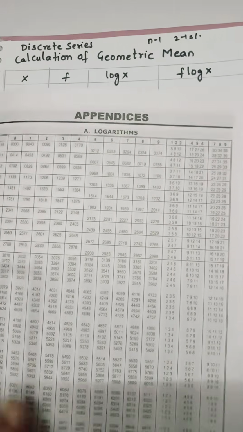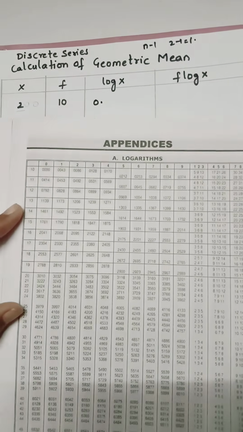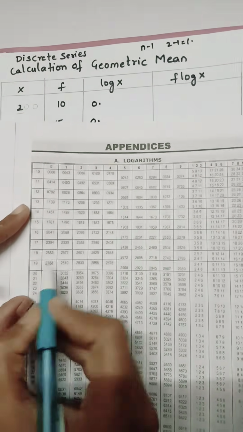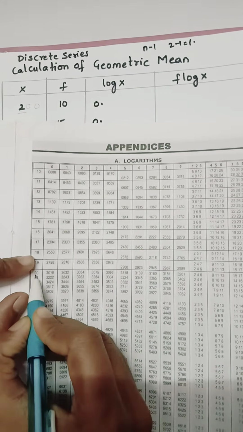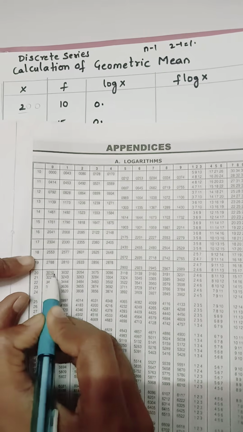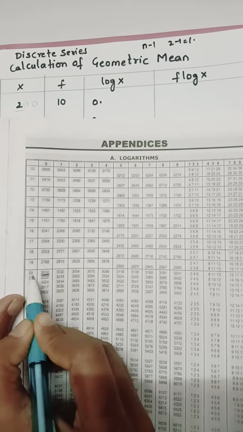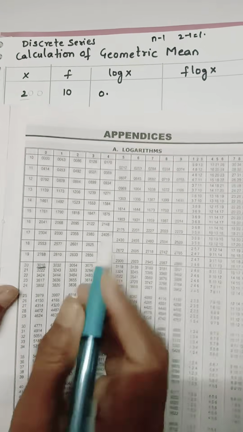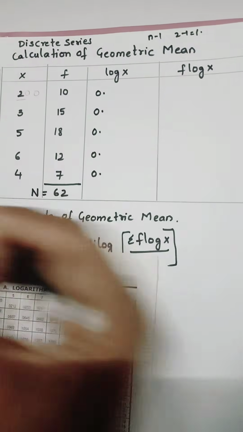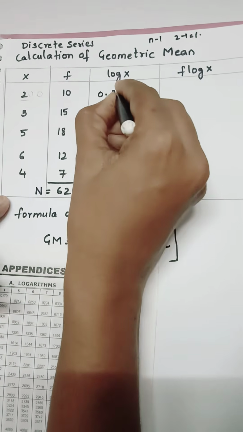Let us go to the logarithm table. So 20 at 0 is 3010.